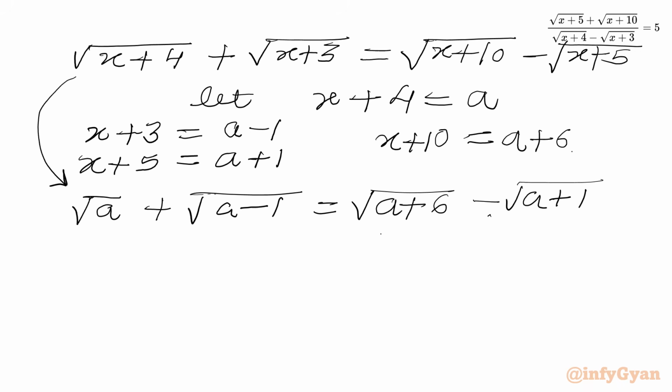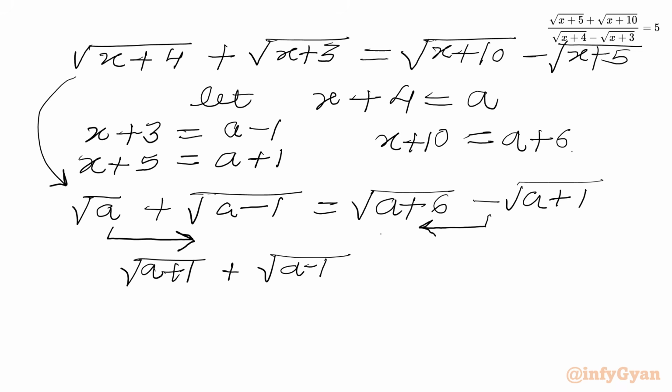Now we will take minus square root a plus 1 to the left hand side, and we will take square root a to the right hand side. So we can write square root a plus 1 plus square root a minus 1 equal to square root a plus 6 minus square root a.